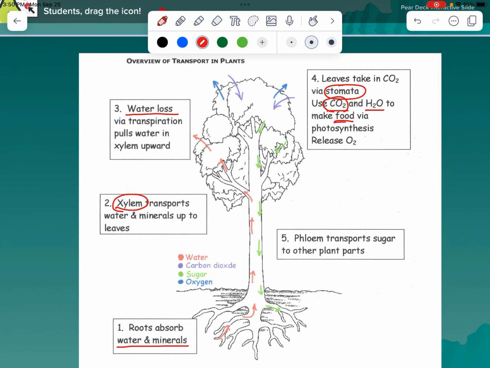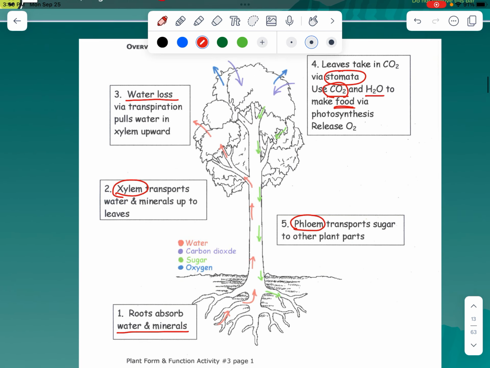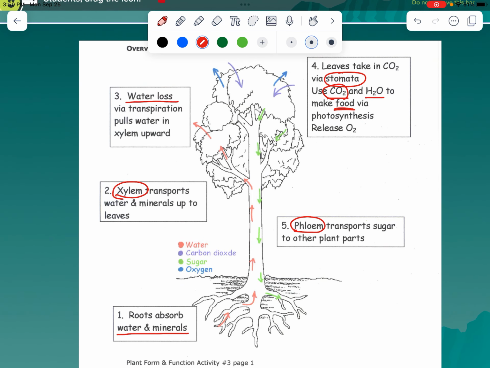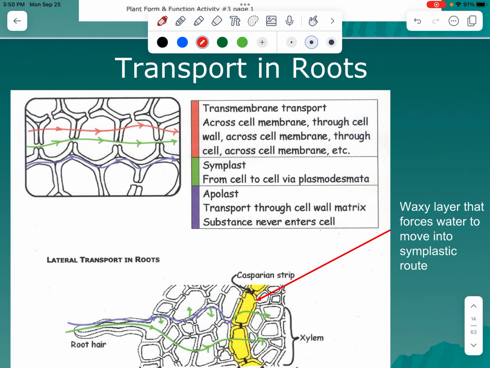And the absorbed carbon dioxide will be used to make food, sugar for the plants. And some of that sugar will be transported throughout the plant through another type of tubing called phloem. So that's the overview of what kind of materials are transported and how and where.